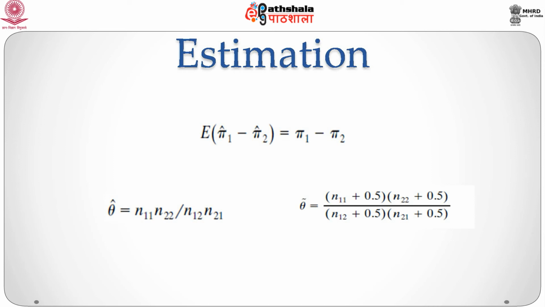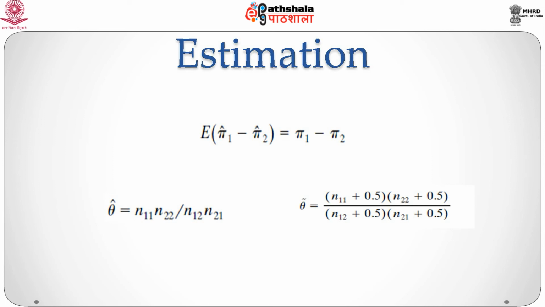For the odds ratio, using the invariance property of the maximum likelihood estimator, theta hat is equal to n11 n22 by n12 n21, where nij denotes the cell frequency for the cell ij.